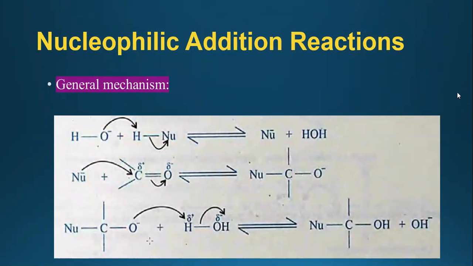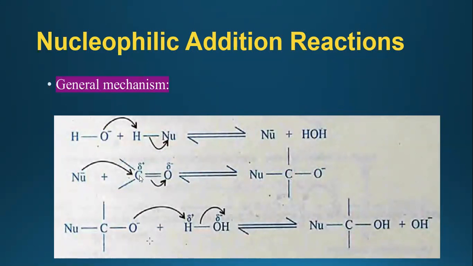So in the first step, any base will react with a reagent, and it will abstract the proton from the nucleophile, and the nucleophilic character of this nucleophile will increase, and the nucleophile with increased character will then attack on a carbonyl carbon. Why will this nucleophile attack on this carbonyl carbon? Because this carbonyl carbon is electron deficient due to the presence of partial positive character, which is developed due to the polarity between these two atoms.